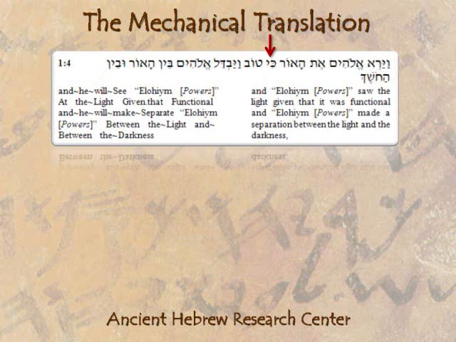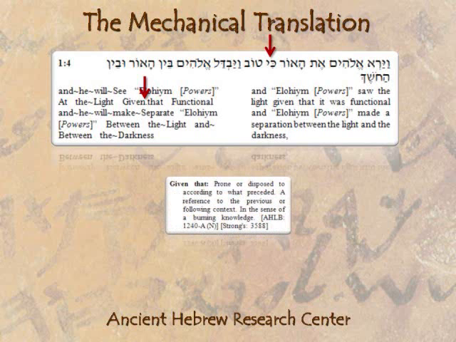The next word is the word ki, in the mechanical translation, represented with given that. Notice the period there between given and that. The mechanical translation places a period between two words when those two words are identifying one Hebrew word. The dictionary entry, and here it is in the Revised Mechanical Translation, given that.